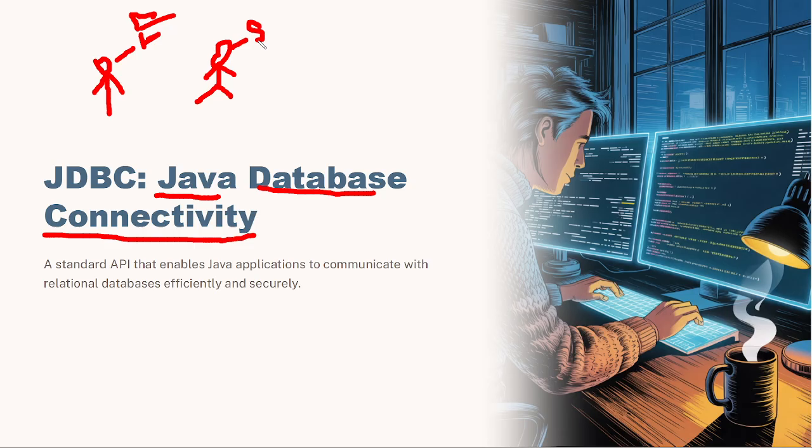JDBC acts like a translator sitting between them. Your Java application sends requests through JDBC and JDBC helps the database understand those requests. So without JDBC, your Java application would not know how to communicate with the database properly.